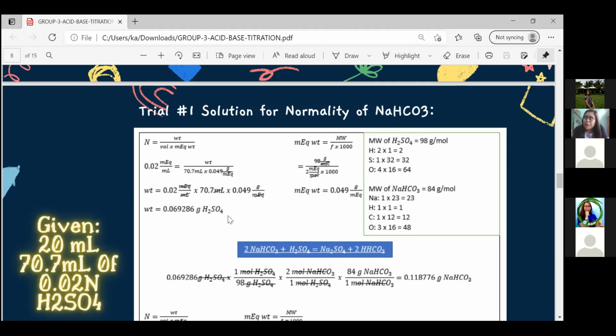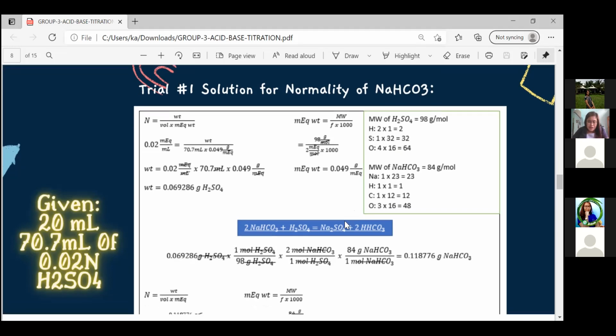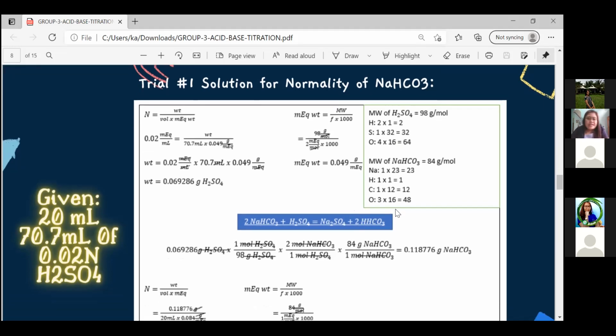And then step number 2, you have to compute for the amount naman ni sodium bicarb that reacted with our sulfuric acid. And that's the time you have to use our stoichiometry pattern. In using the stoichiometry pattern, you also need to have the balanced equation. That is why this is also correct here that you have written the balanced equation.